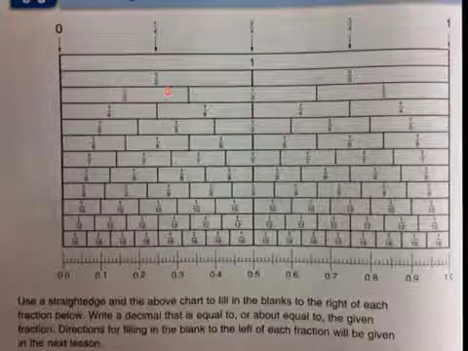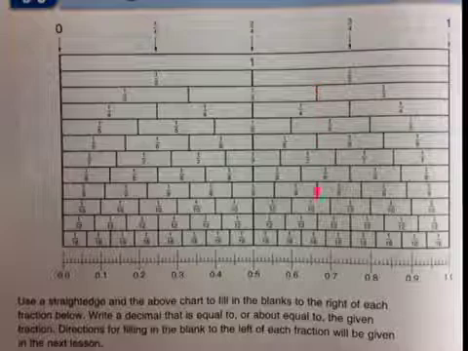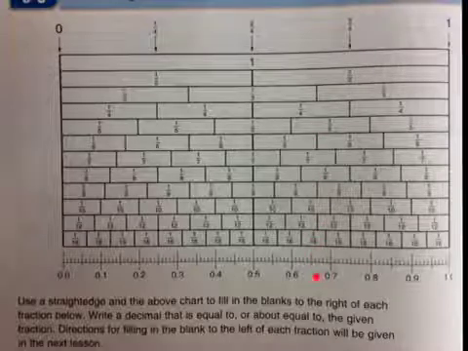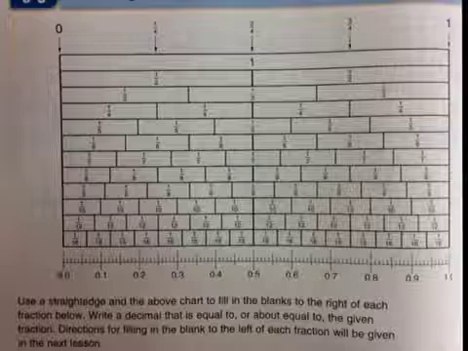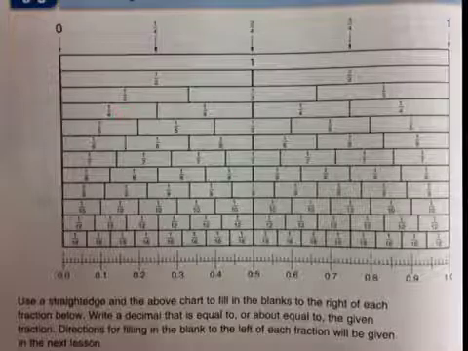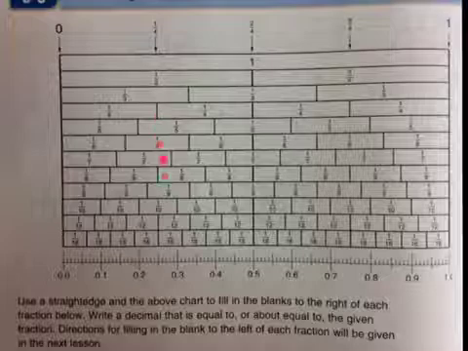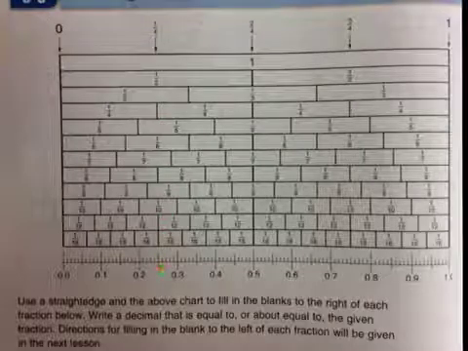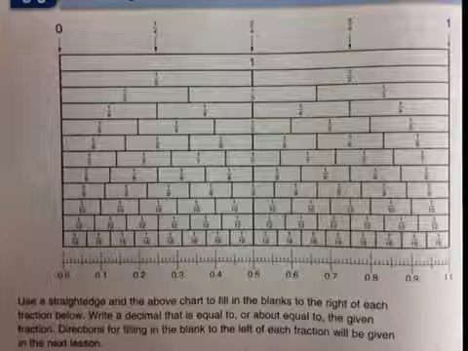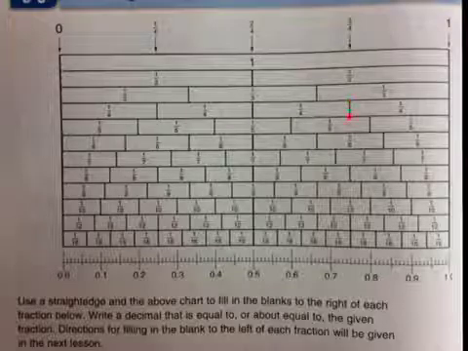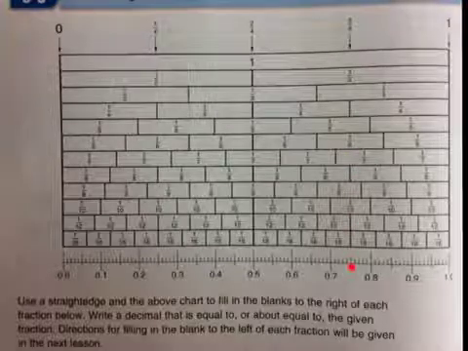And 2/3 would be 0.66. 1/4, let's see. We have 1, 2, 3, 4 quarters. A quarter is equal to 0.25. 2 quarters is equal to a half. 3 quarters is equal to 0.75, as you can see.